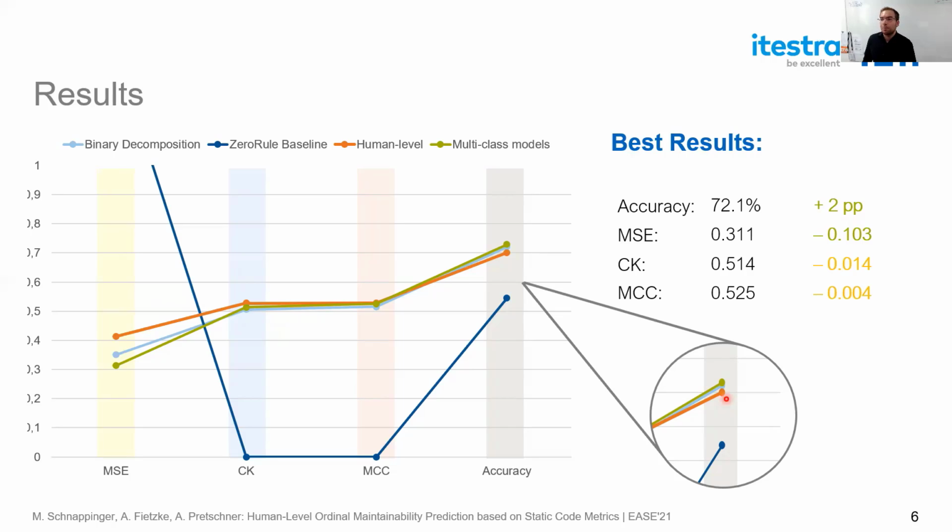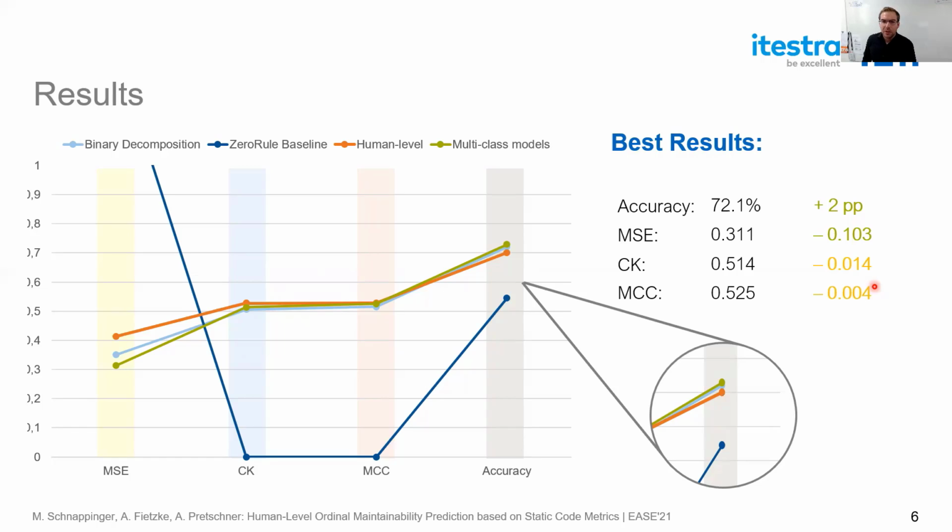It's not that much better. It's just like 2 percentage points. But we're talking about the human level baseline here. So just reaching it is actually a great success. And the success is even bigger for the mean square error, where we really have some nice improvements. For Cohen's kappa and MCC, they're very close together here. And also in numbers, the differences aren't that big.